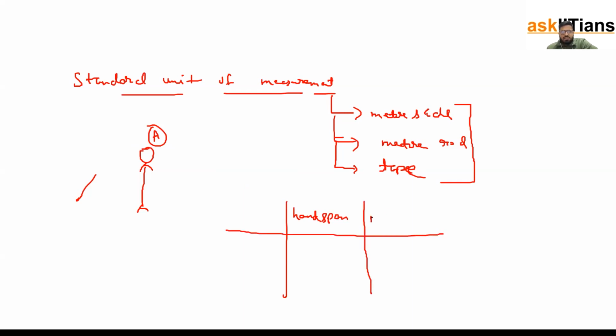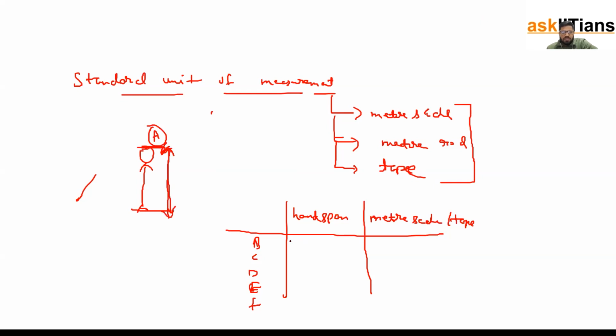Another, we can use a meter scale or a tape. Suppose B, C, D, E, F, 5 students in the class, measure the height of boy A. How to measure the height? Just stand beside the wall and make a mark on the top of the head. Then you measure the distance from the ground to the mark. That will give you the height of person A.